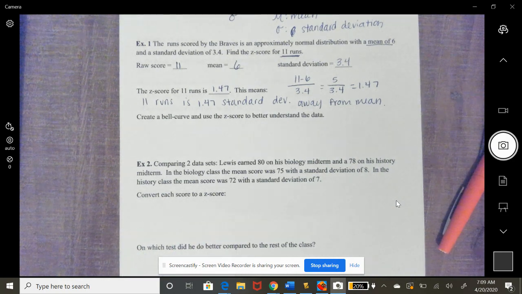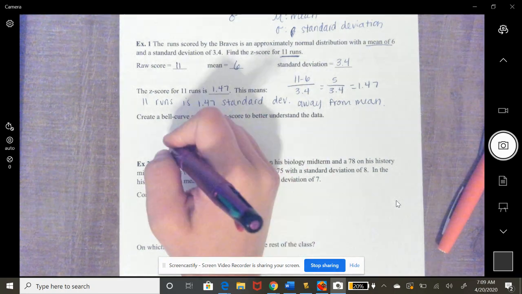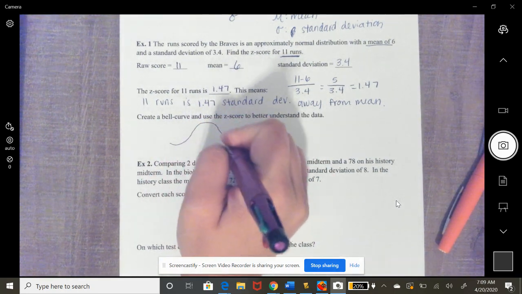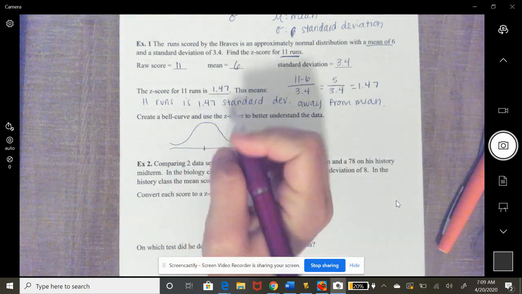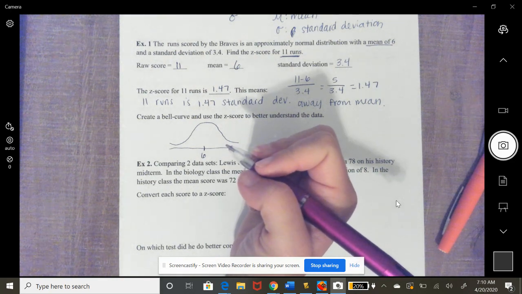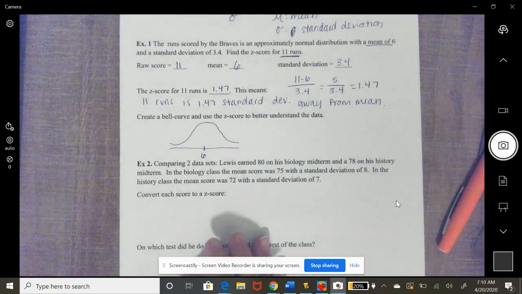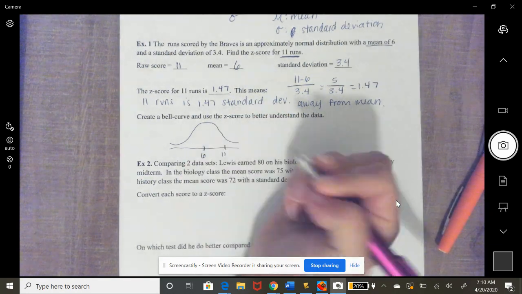Okay, so it asks you to create a bell curve and use the z-score to better understand the data. Basically, we'll do a little bit more of this on Wednesday, but your mean is always in the middle. If you remember our empirical rule from last week, and then 11 is my data point, so that's above the mean.